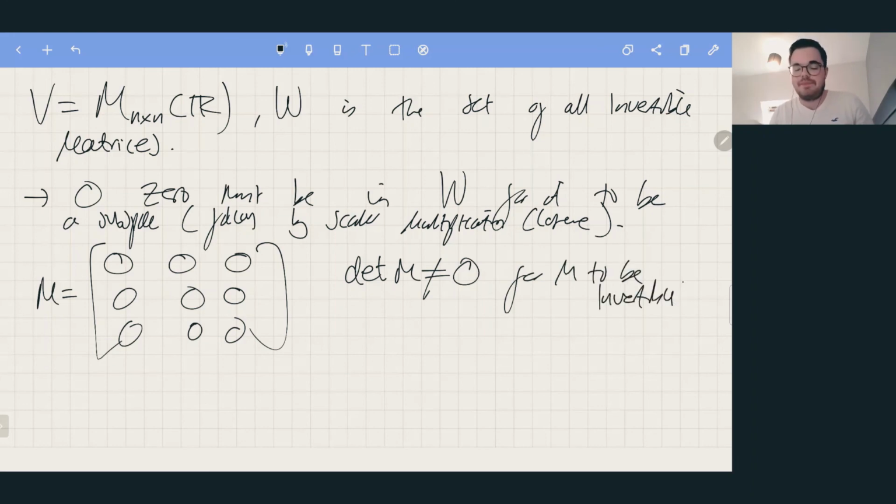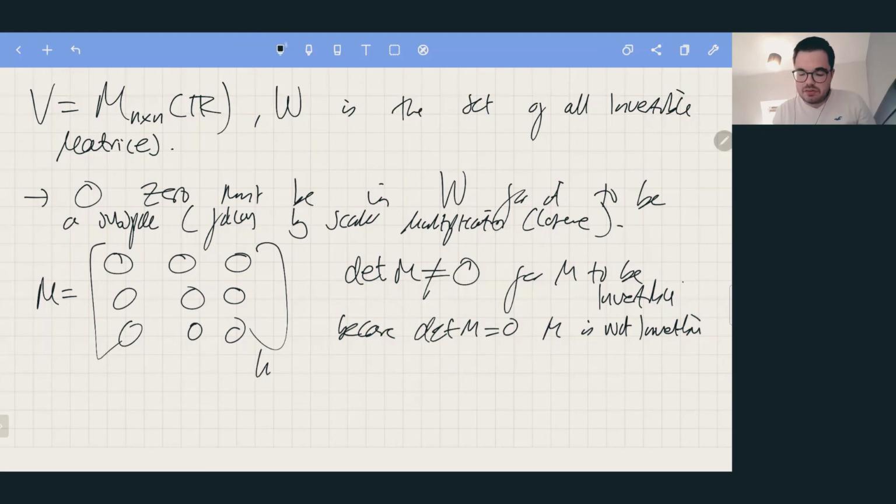But this matrix has a zero determinant because we have a zero row. We actually have three, so the determinant of this matrix is 0. So this means that because the determinant of M is equal to 0, M is not invertible.